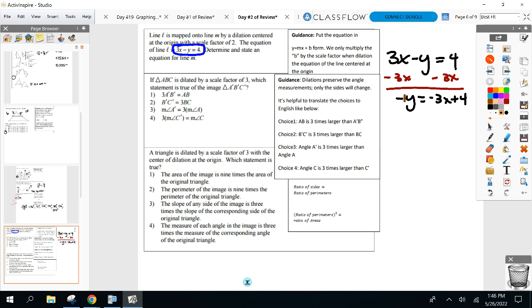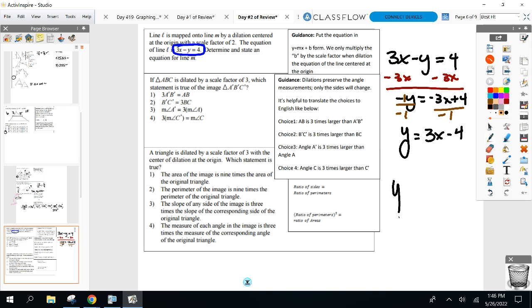It's really a negative 1 times y. So it's being multiplied already by negative 1, so to get rid of it, divide both sides by negative 1. y equals 3x minus 4.